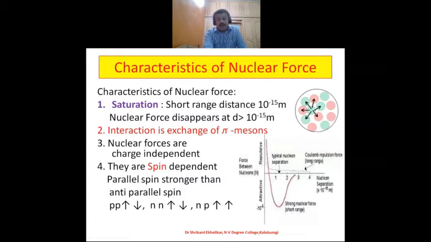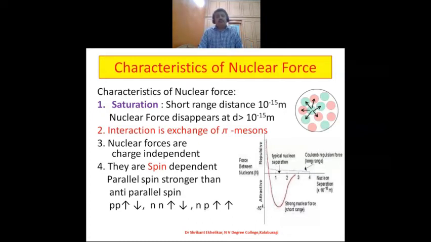At a very far distance, there is no effect of nuclear force. Whereas for the electrostatic force, you can see that as it approaches, there is an increase, and it decreases with distance. So you can look at this graph and conclude that the nuclear forces are short range because they work only on the neighboring nuclei, where the maximum distance is 10 raised to minus 15 meter.